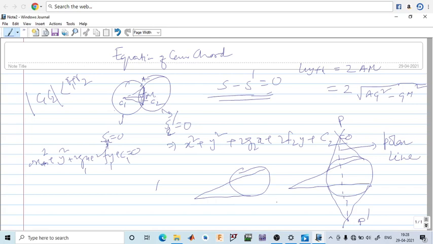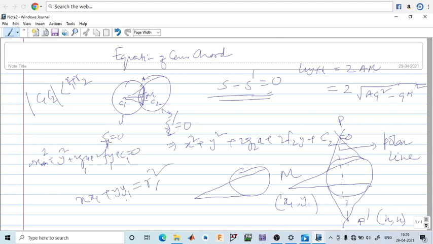Let us consider the point P dash is (h, k) and the external point is (x1, y1). Then what will be the locus of the point? Suppose this is M. Locus of point M will be xx1 + yy1 = r square.